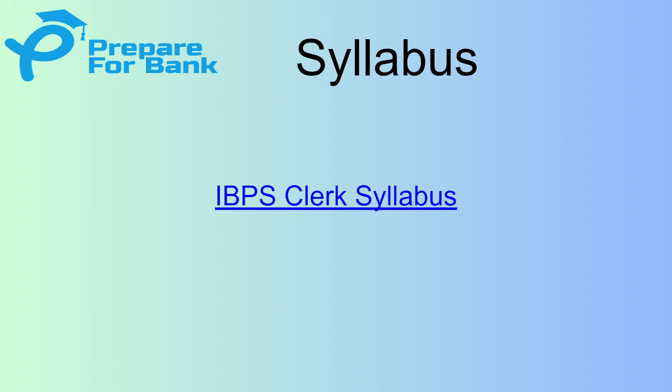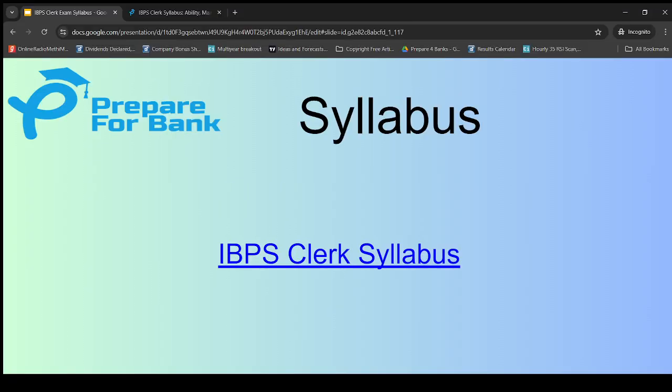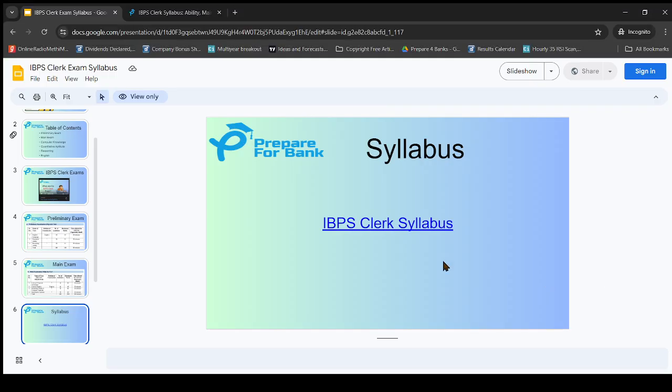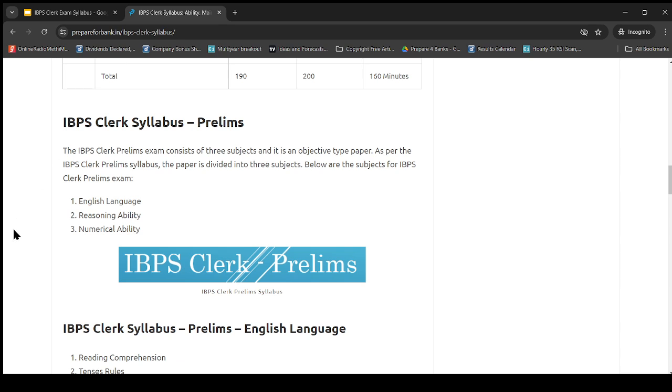In the IBPS Clerk syllabus, we will be mostly focusing on the IBPS preliminary exam part and then the mains exam part. In the prelims, the three subjects that are more important are English, reasoning ability and numerical ability.